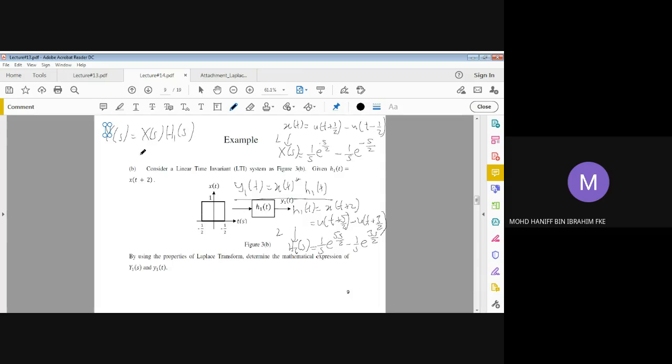No questions? Right, so we can then simply multiply both s-domain terms, X(s) and H1(s).